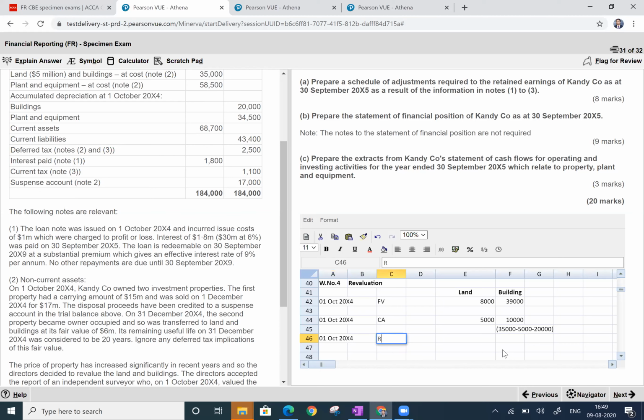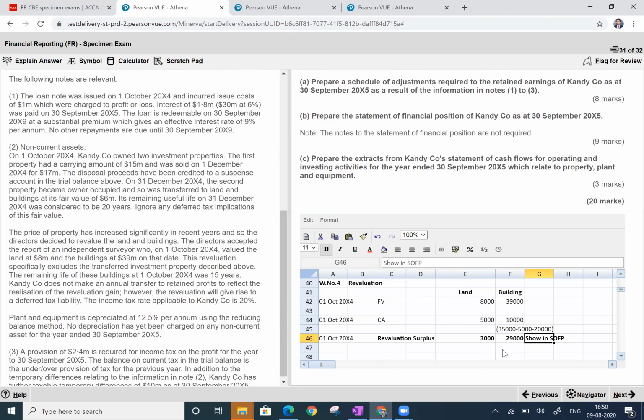Revaluation surplus equals land fair value 8,000 minus carrying amount 5,000, and building 39,000 minus 10,000. So total revaluation surplus will be 32,000. This you will write here, show in SOFP.